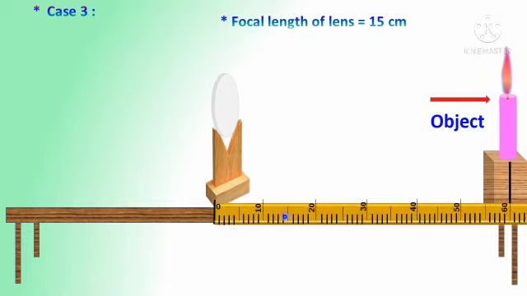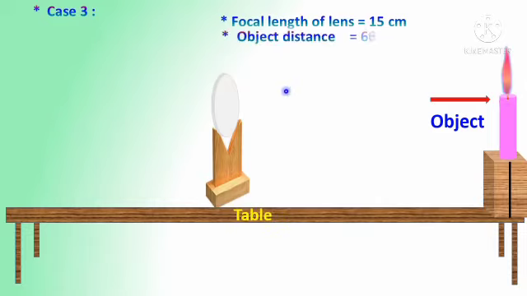Already 70 is completed, now 60 centimeters. The distance from lens to candle is called the object distance, that is 60 centimeters.